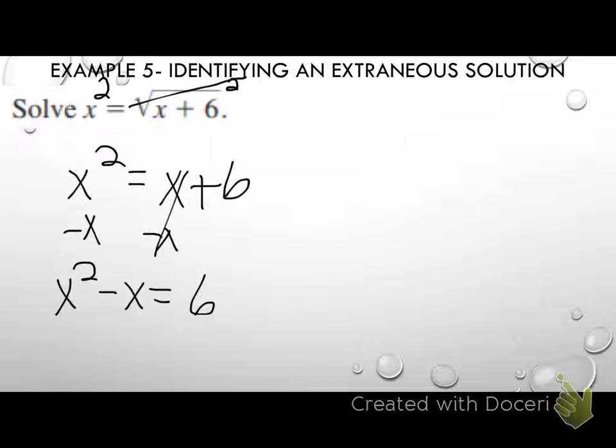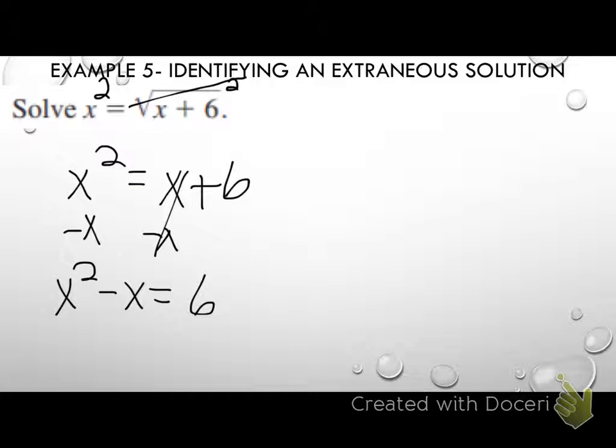Where would I go from there? You guys remember factoring?